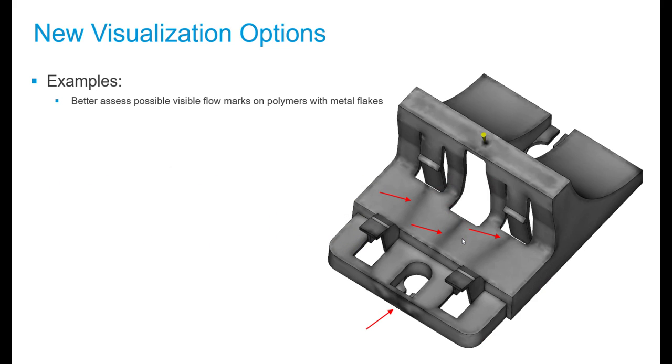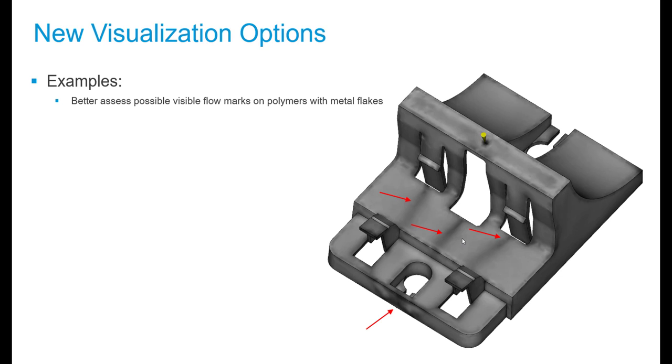I'll give you a couple of examples of how this could be useful. In this particular case, I have an example of how we could use this as an estimate of how visible certain flow marks would be if you were to have a polymer with metal flakes.